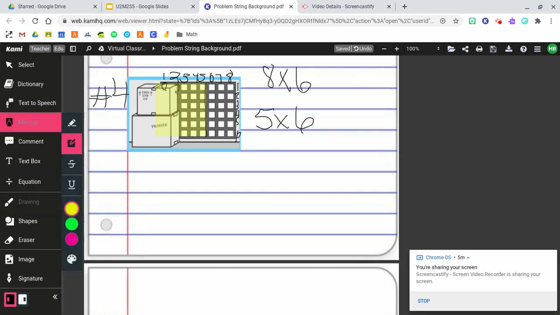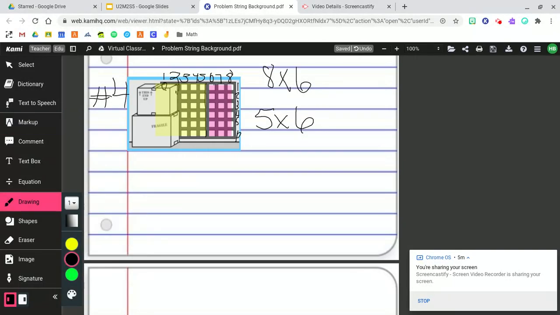Then let's go ahead and look at the rest of it. Now it's not going to be 6 times 8 because look at my rows that I have actually highlighted. That's 3 rows times 6. I know 5 plus 3 is going to get me 8 though. And I didn't change how many is in each row. There's still 6 in each row. So this is going to help me.